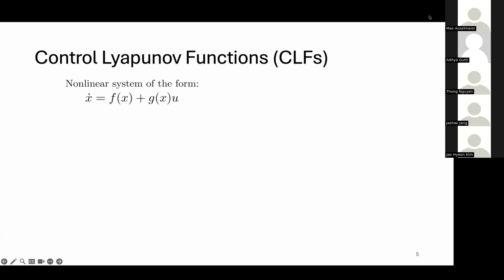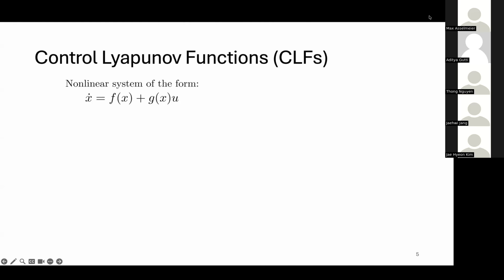Before we jump into the meat of the projects, I just wanted to give a little background on control-Lyapunov functions, or CLFs as they're abbreviated, just to make sure everyone's on the same page. A control-Lyapunov function is a classic tool in nonlinear control theory for generating stabilizing, or certifiably stable, controllers of nonlinear systems.